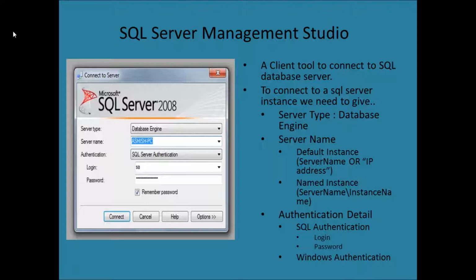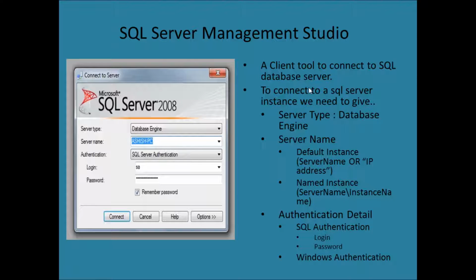So to connect to SQL Server using SQL Server Management Studio, we need to give server type as database engine, server name as the name of the server instance, and authentication methods. The authentication method can be either SQL Server authentication or Windows authentication.